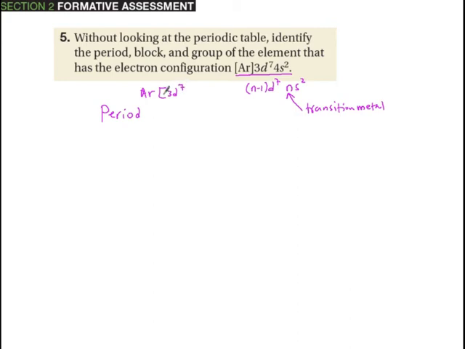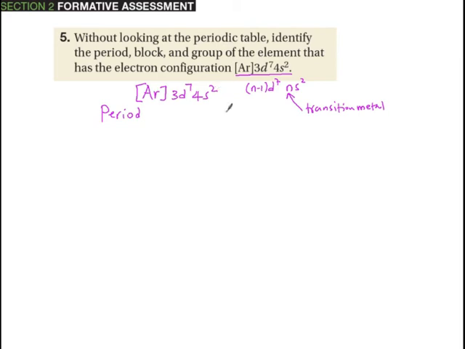Here we have to write it properly, in noble gas notation: argon 3d7 4s2.